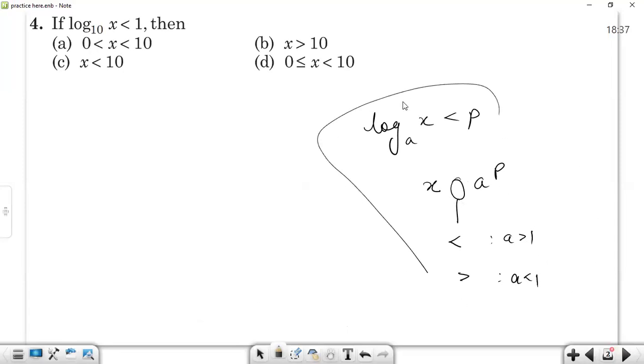So now tell me what will be its answer. You can try, and you can also give wrong answers. No problem for that. Please try. Yeah, sir. 1 minute.